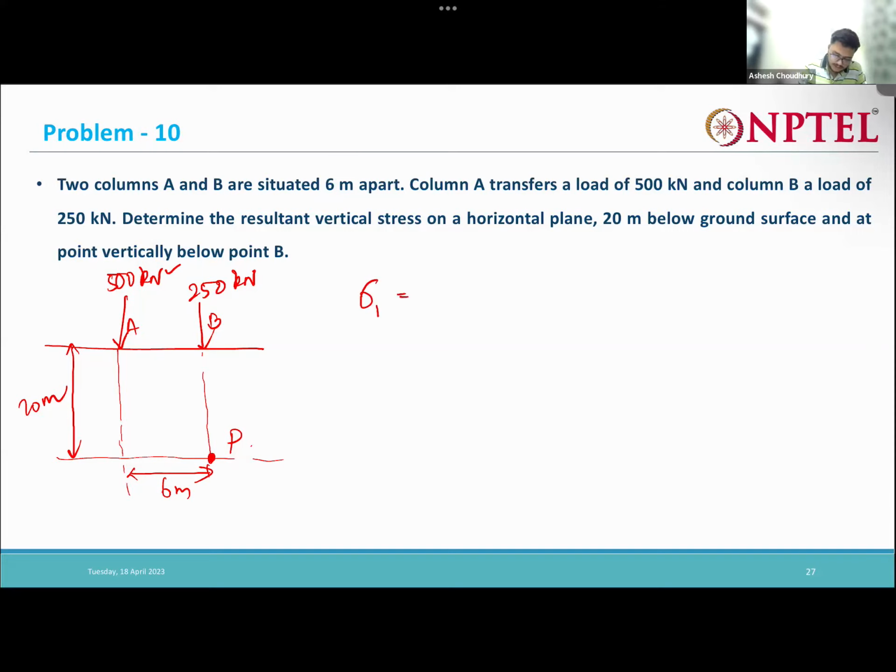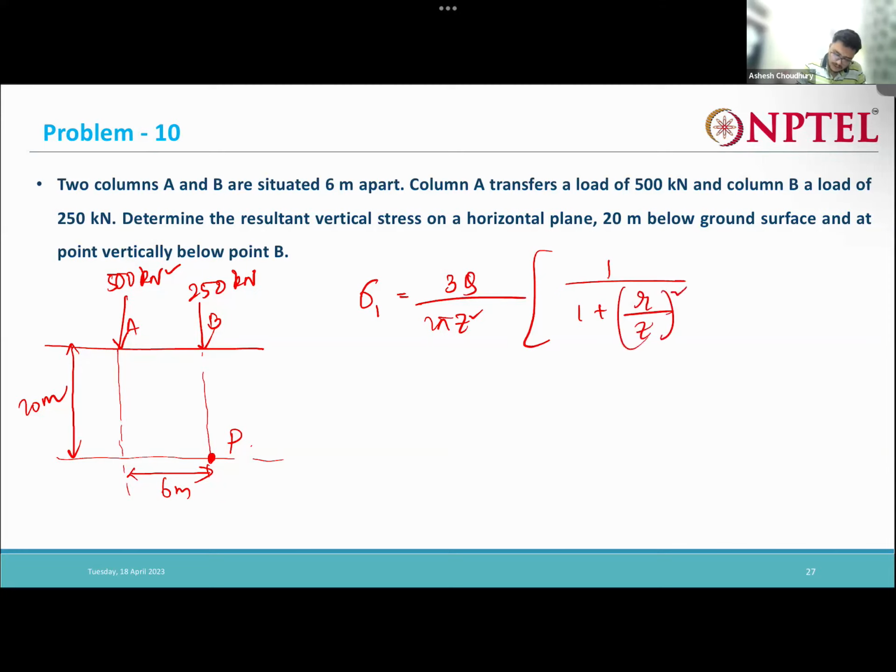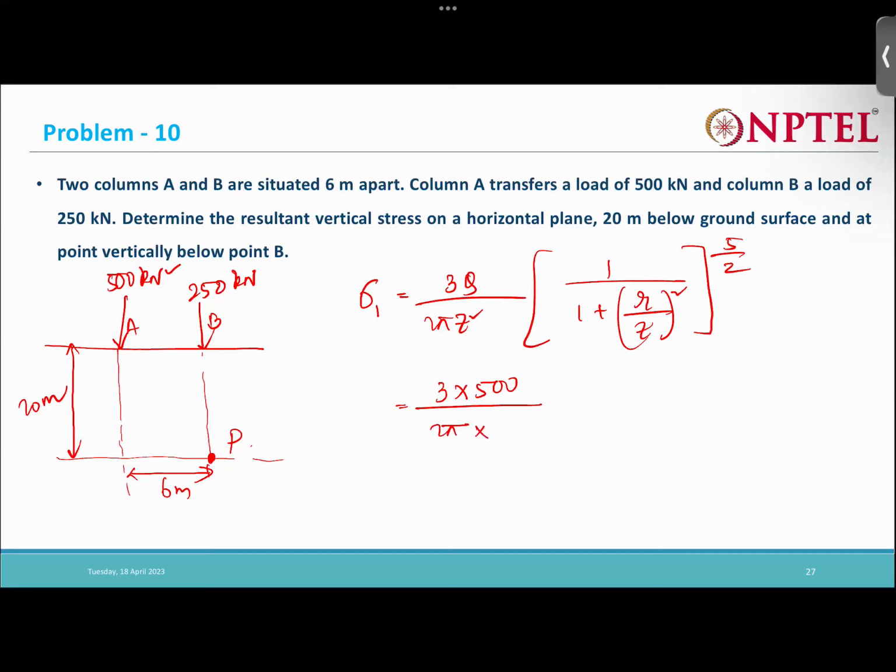Right. This one, we will use the same formula: 3 Q by 2 pi Z square, by 1 plus R by Z square to the power 5 by 2. So Q is now 500. Okay, but what is Z? 20.